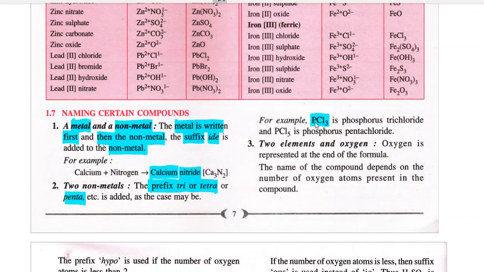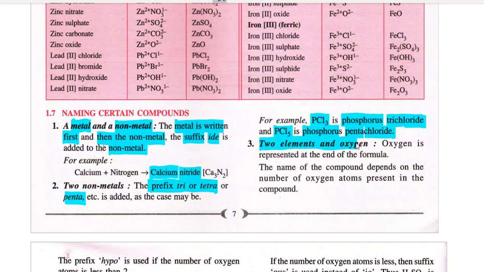Now you know there is one phosphorus, so I've just written phosphorus because it comes first, and then Cl3. So there are three chlorines. So you write tri and then chlor and then suffix IDE. Suffix IDE is given in two non-metals also. So phosphorus trichloride, PCl5, phosphorus pentachloride. Penta means 5, chloride. Okay, so this is how you name a compound having two non-metals.